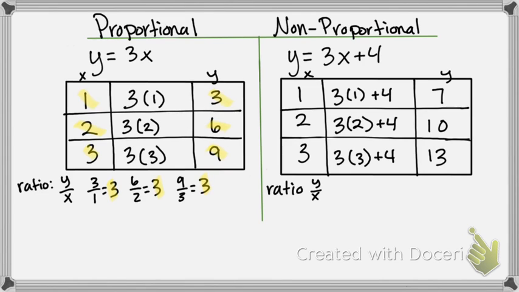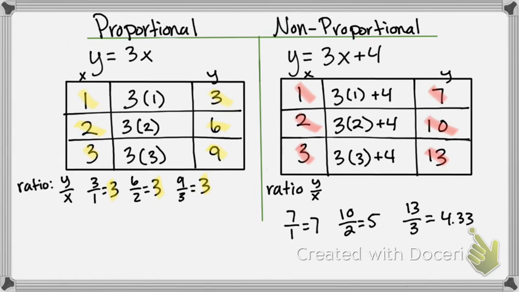So if we do 7 over 1, that is equal to 7. But when we do 10 over 2, that gives us 5. And then let's do the last one, 13 over 3. That actually gives us a decimal of 4.33.